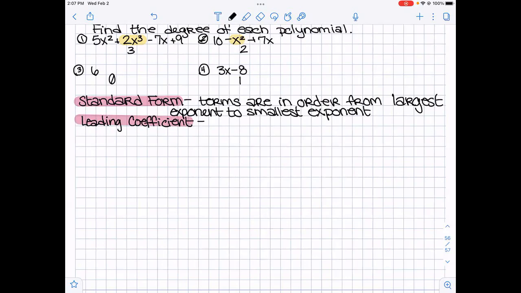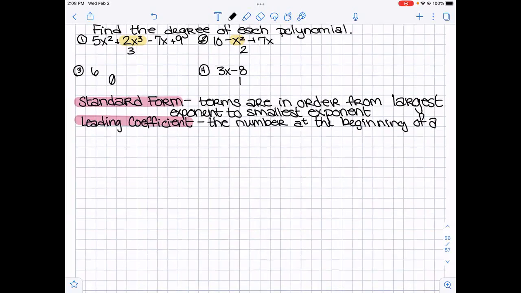Okay, what this means is when you put the problem in standard form, so the number with the biggest exponent is first, it's the number that's in front of that. Okay, so it is the number at the beginning of a polynomial written in standard form.